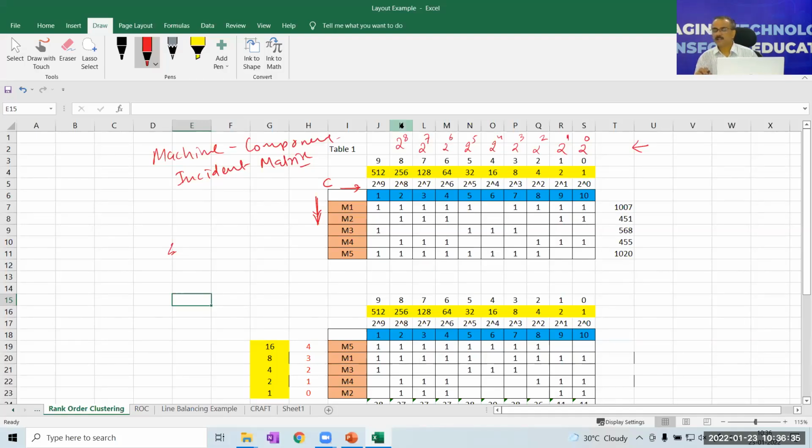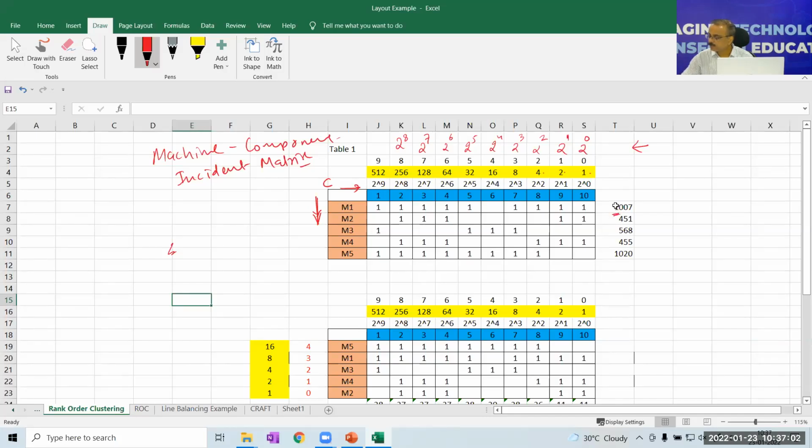So starting from the right side, that means the last column, we have to start giving the binary values for each of these particular column positions, and then we have to find the value of it. For example, 2 to the power 0 will be 1, 2 to the power 1 will be 2, 2 to the power 2 will be 4. So like this, we have to form it and then find the summation of these numbers.